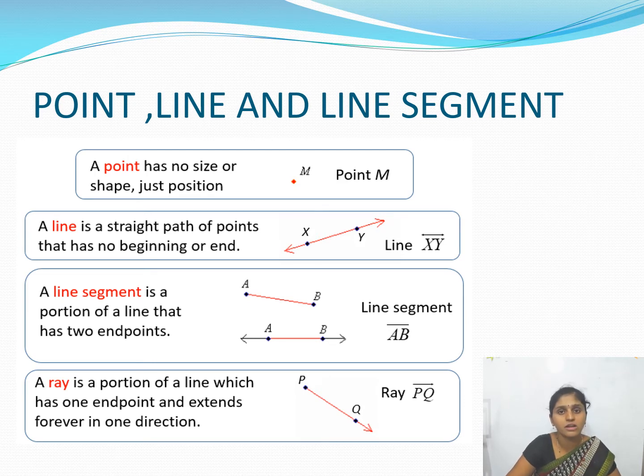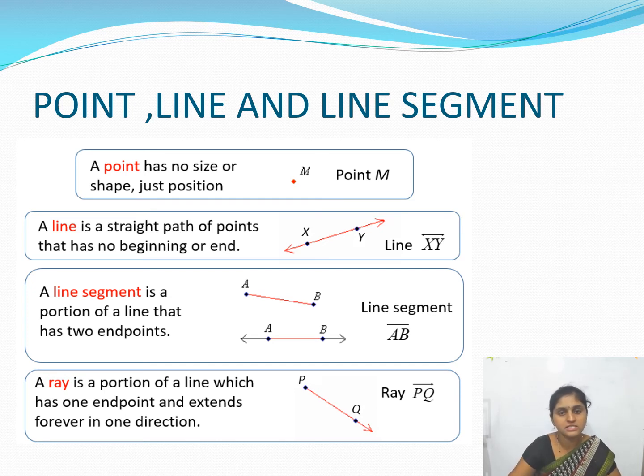So that we call a line segment. So a line segment is a portion of a line that has two end points. Line segment is a part of a line, but it has a definite length and it also has a starting and the end point. It means we can measure the length of a line. So this is about the line segment.